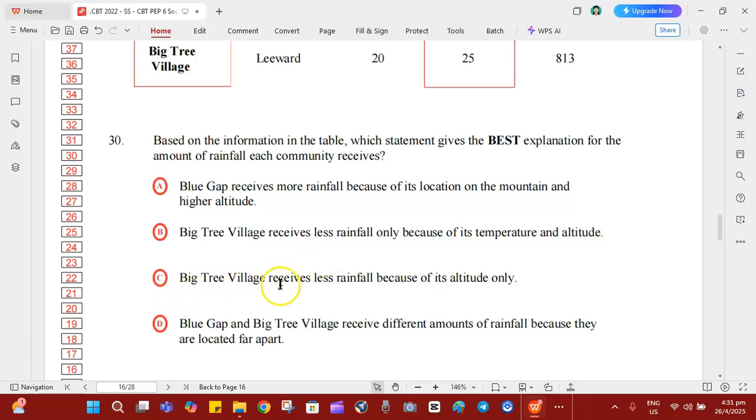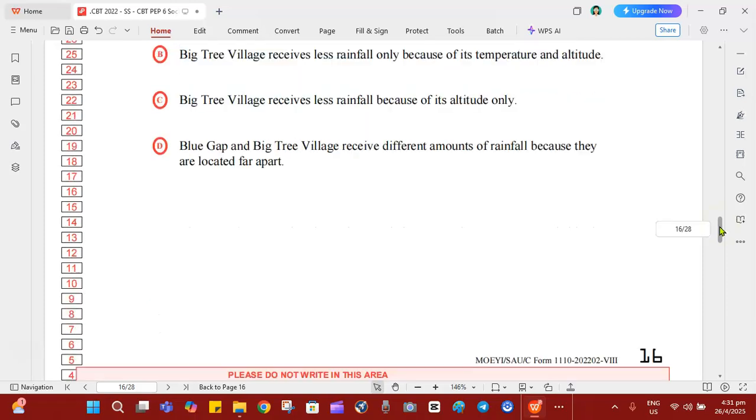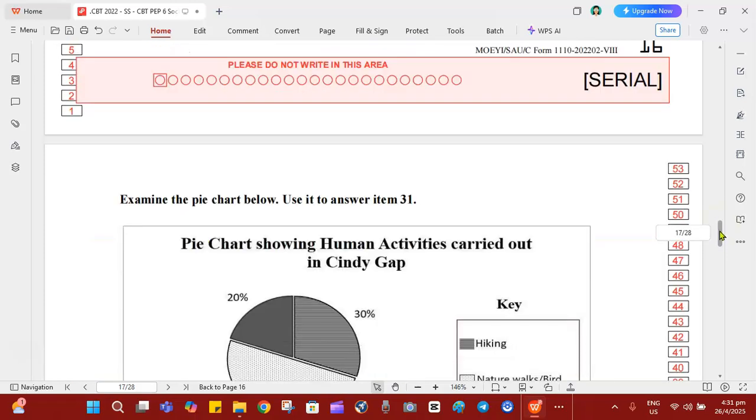C, Big Tree Village receives less rainfall because of its altitude only. D, Blue Gap and Big Tree Village receive different amounts of rainfall because they are located apart. No, the answer would be A. Blue Gap receives more because of its altitude and where it is on the mountain.